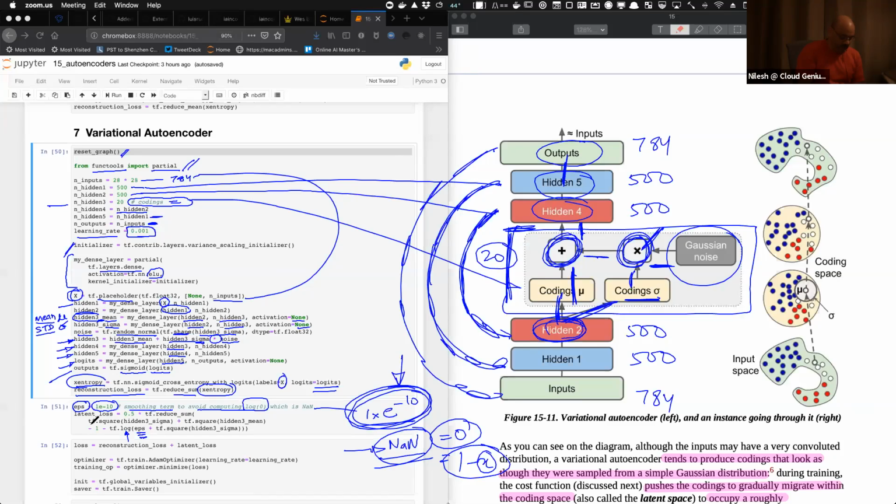And we are calculating our tf.square of hidden sigma and hidden mean, adding them up to calculate. Sorry, hold on, let me erase this. I think I must erase that. So, erasing.